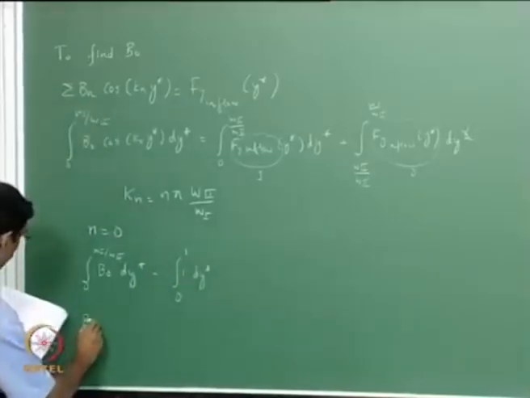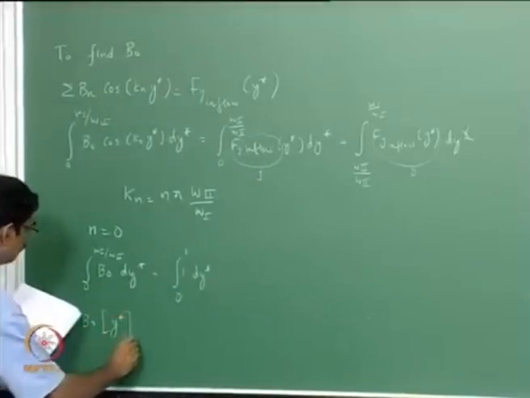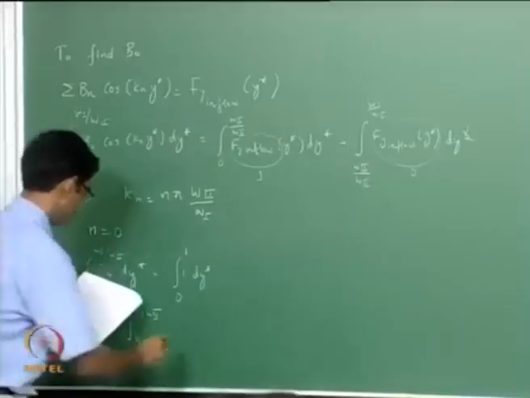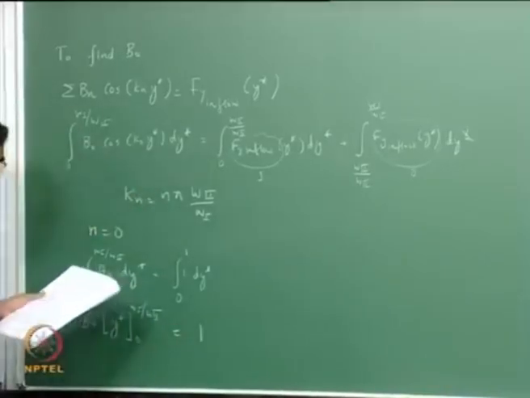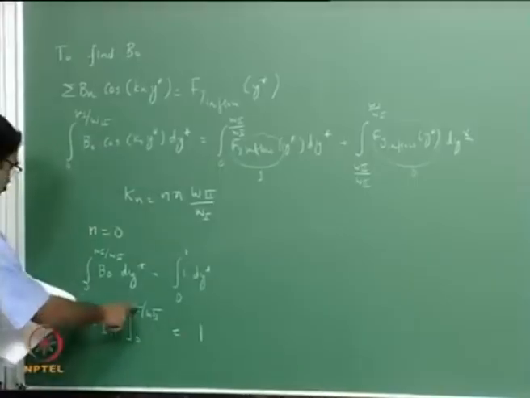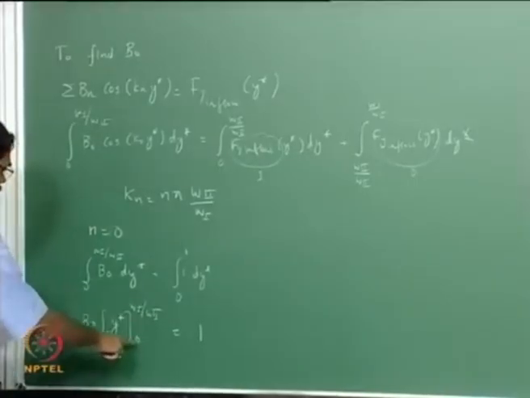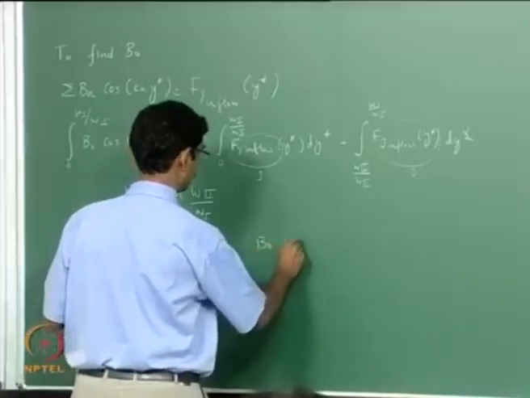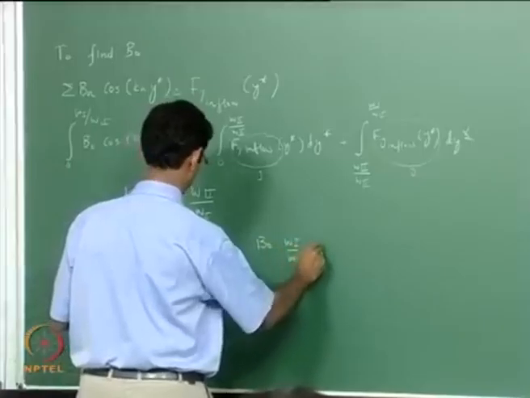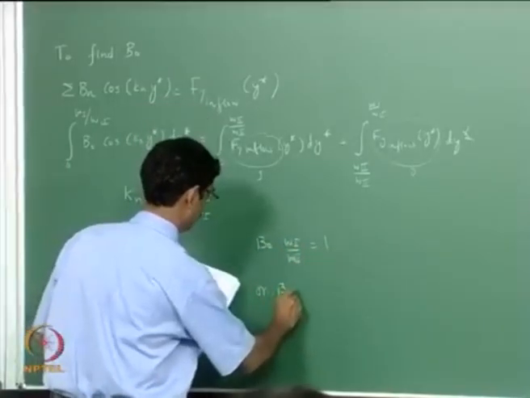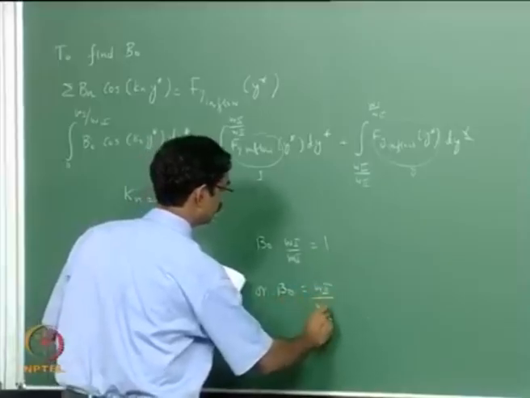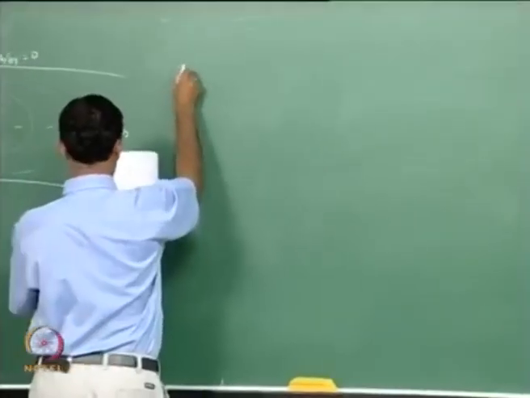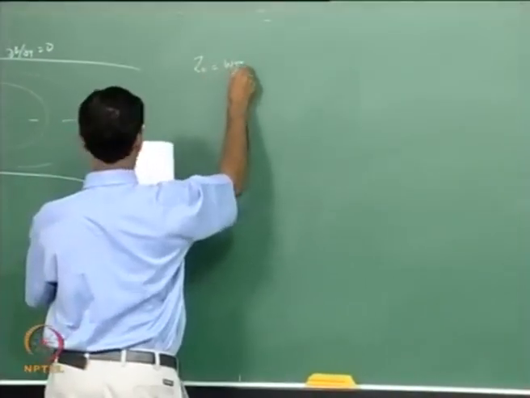So B naught y star from 0 to W1 over W2 equals 1. The upper limit is W1 over W2, lower limit is 0. So you will get B naught W1 over W2 equals 1, or B naught equals W2 over W1. Okay. So we will write the solution. This is what I should get.